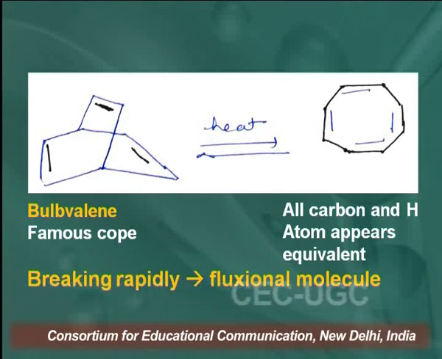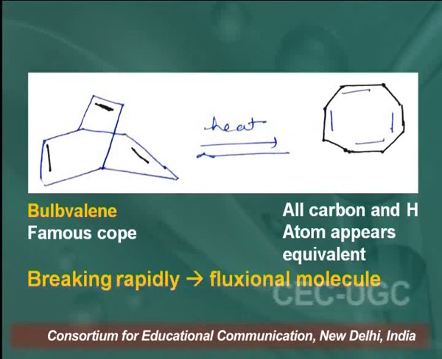It is a very famous Cope reaction. What is bullvalene? Learners, there is a cyclopropane base, and on that base you are looking at three allylic groups, that is three double bonds, each attached through one CH2 unit.